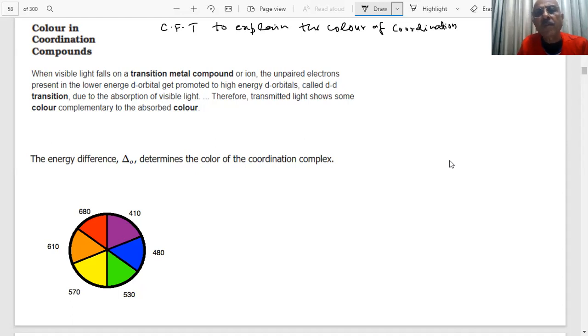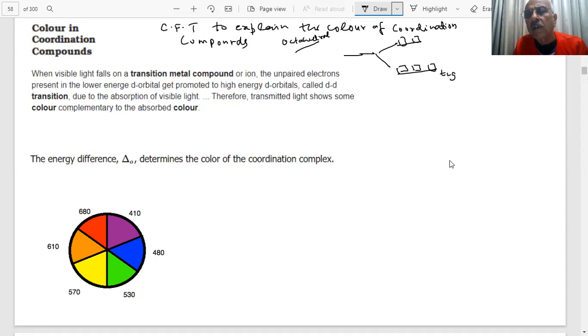You have already been shown that when the ligands come, splitting takes place. For example, in octahedral cases, the d orbitals split into T2g and Eg. Now, if there is an electron here and light comes, what will happen?